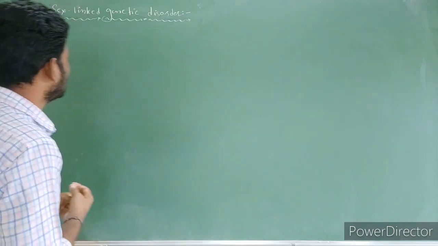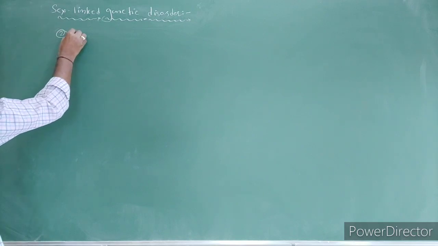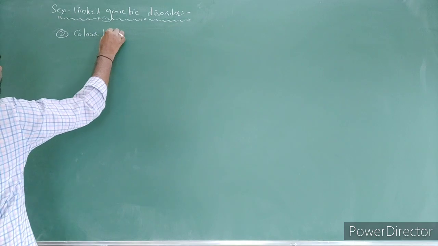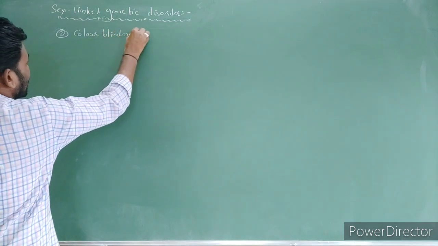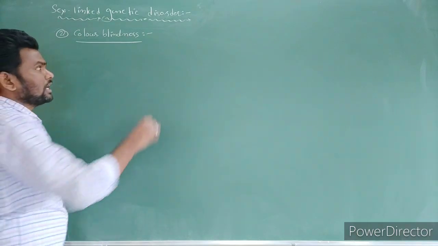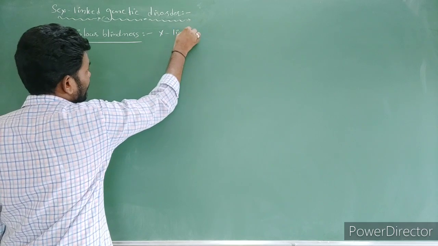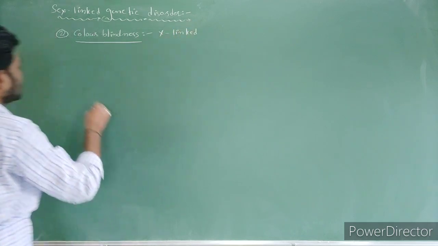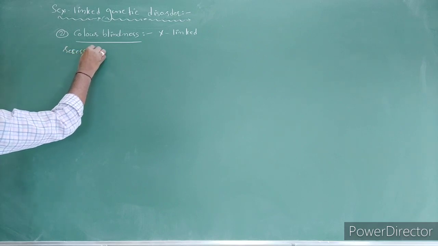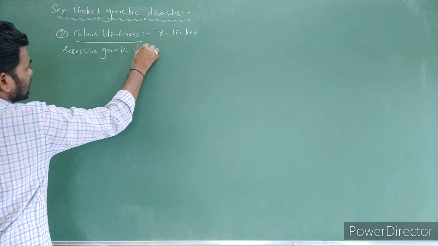Let's write the points. Example 2 is given, color blindness, which is also an example of a sex-linked, X-linked recessive genetic disorder.